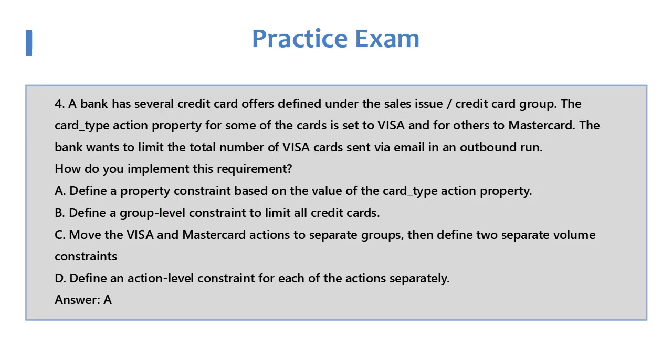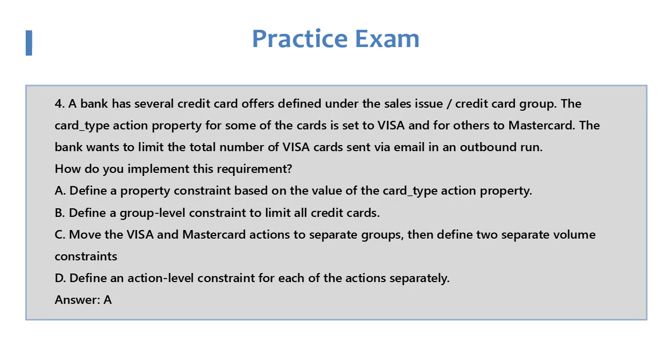4. A bank has several credit card offers defined under the sales issue credit card group. The card_type action property for some of the cards is set to Visa and for others to MasterCard. The bank wants to limit the total number of Visa cards sent via email in an outbound run. How do you implement this requirement?